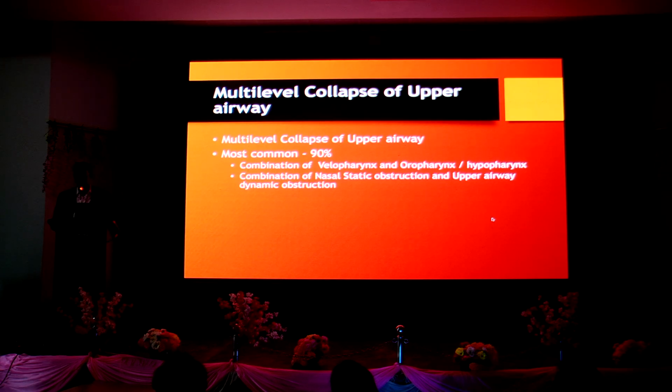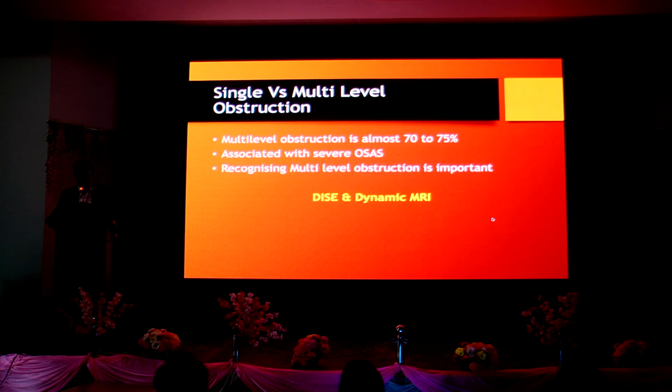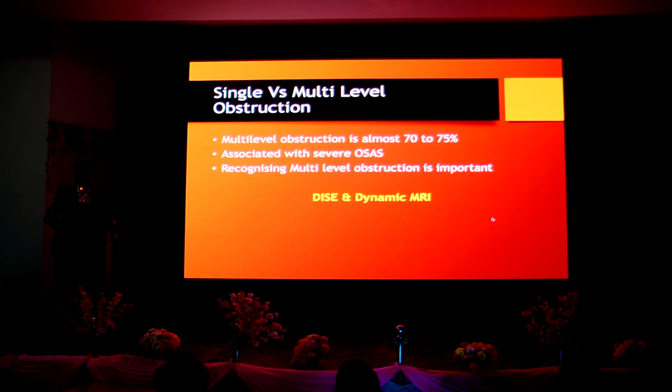The more the static obstruction, the better the surgical outcome will be. That can be identified by the phenotyping of the upper airway that has been discussed in the morning, I believe. So we have to identify single and multi-level obstruction, for which DISE or dynamic MRI will be more helpful.